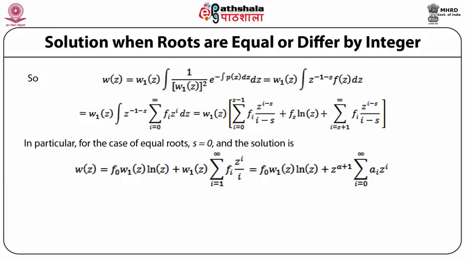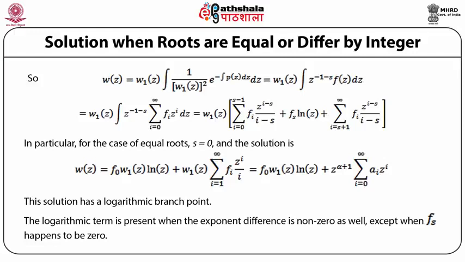This results in w of z equal to f naught times w1 of z into natural log of z plus z raised to power alpha plus 1 summation i going from 0 to infinity alpha i z raised to power i. As f naught is not equal to 0, this solution has a logarithmic term and hence a logarithmic branch point.